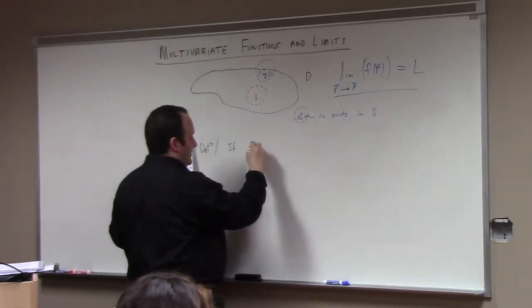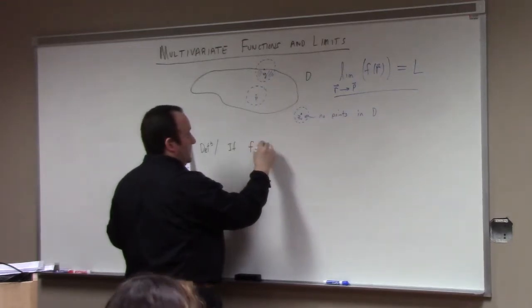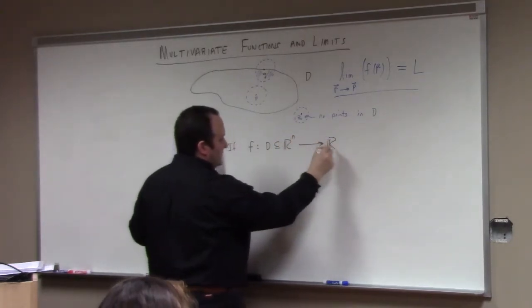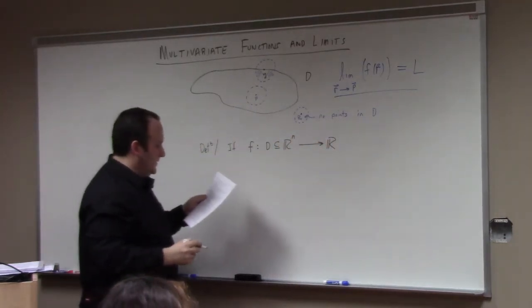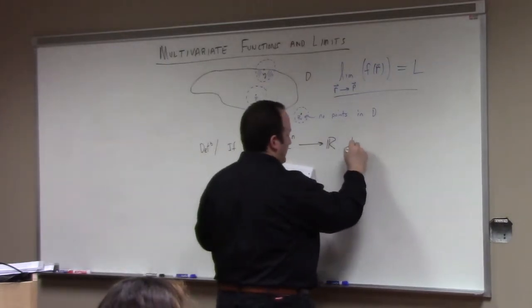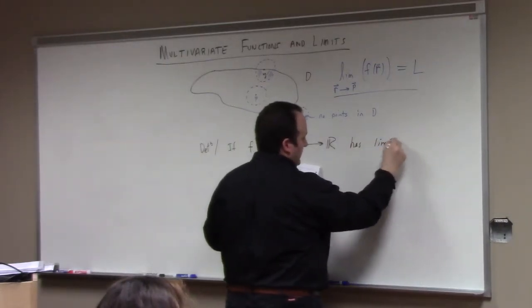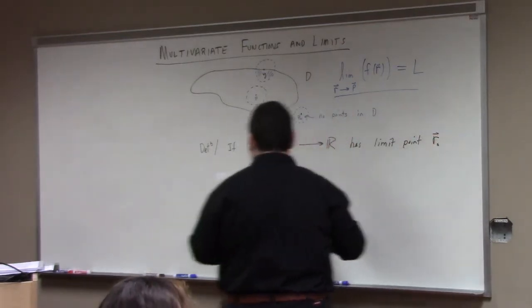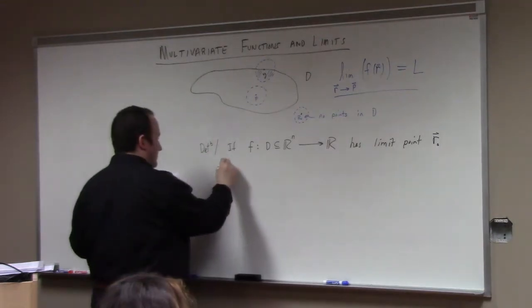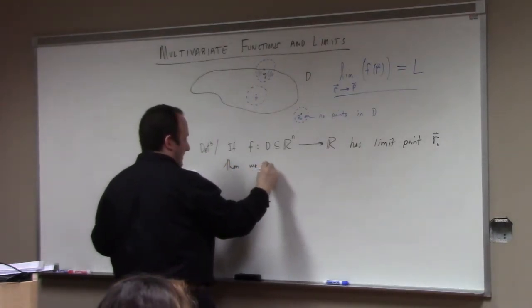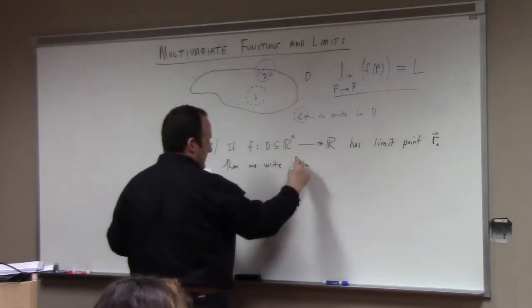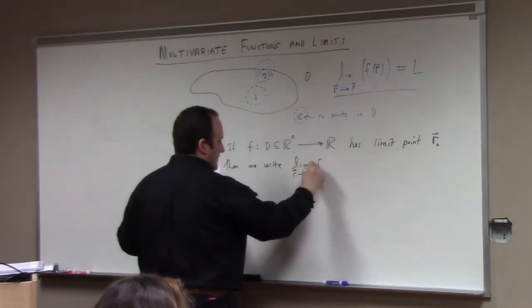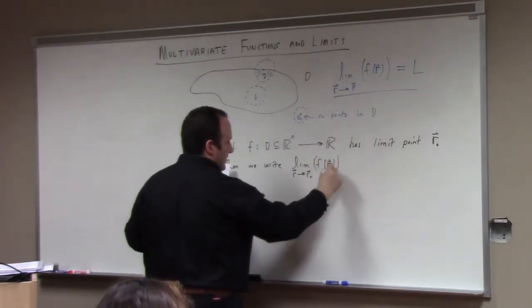If f is a function from some domain which is a subset of, say, R^n to R, so we're talking about a real valued function of n variables, has limit point, let's say r naught, then we write the limit as r goes to r naught of f of r equals L.